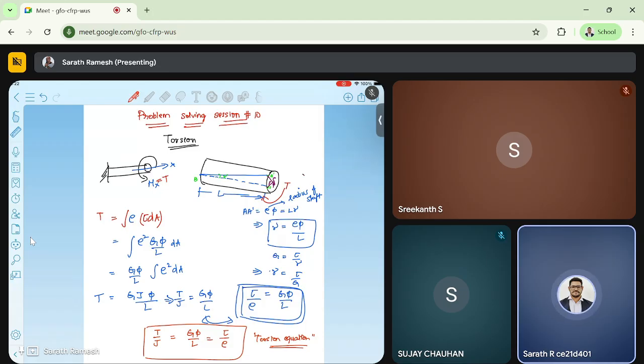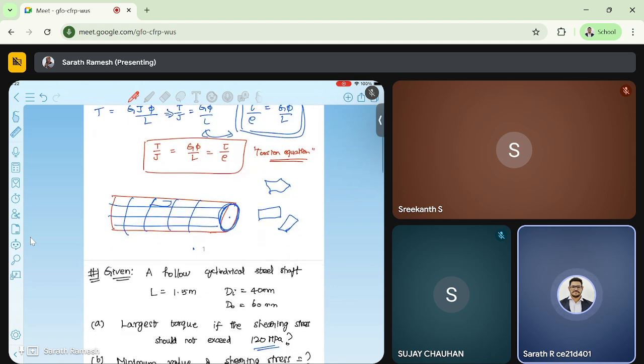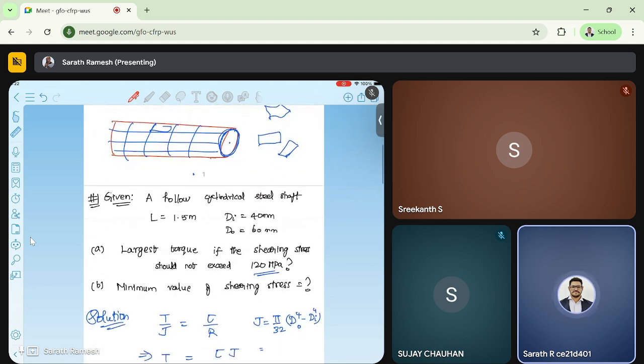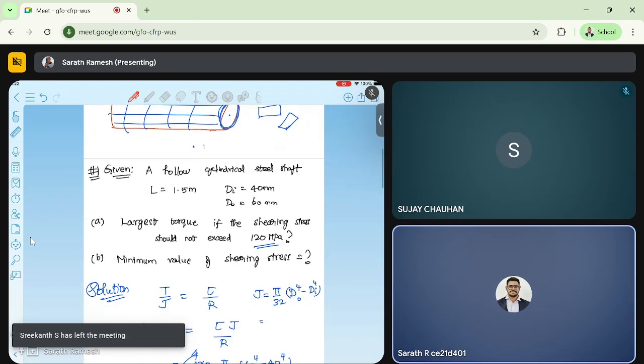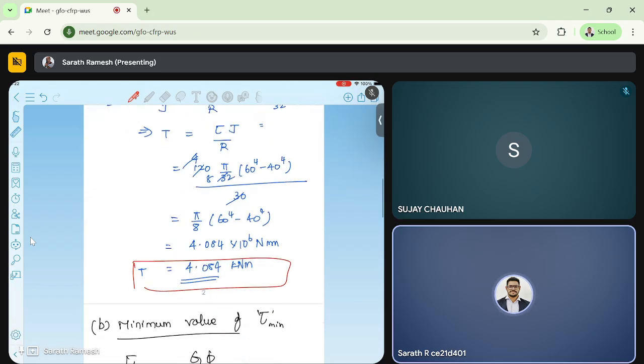J is a cross-sectional area property, the polar moment of inertia. G is a material property, and L is the length of the shaft. Tau is the shearing stress, and rho is the radius of the shaft. Using this, we just saw a problem where we found the value of torque and the minimum value of shearing stress.